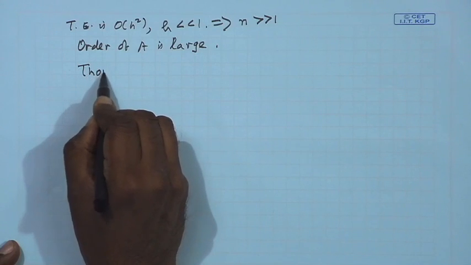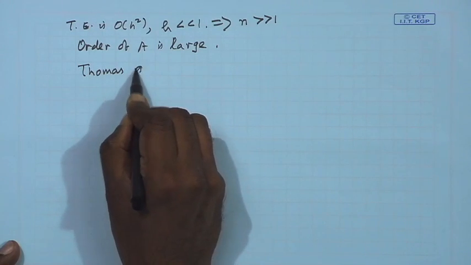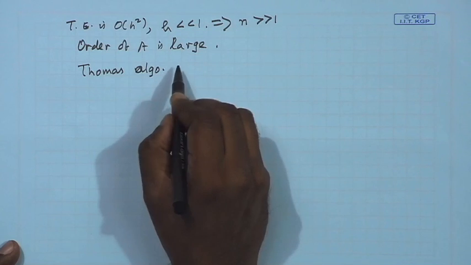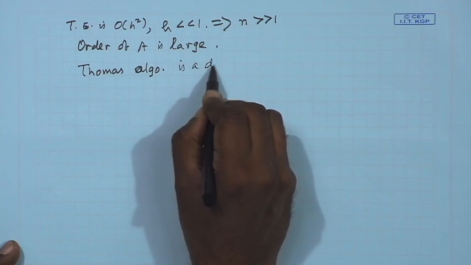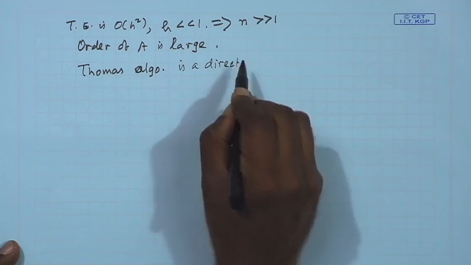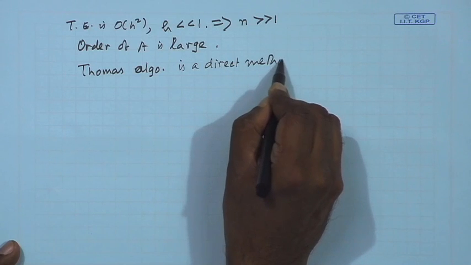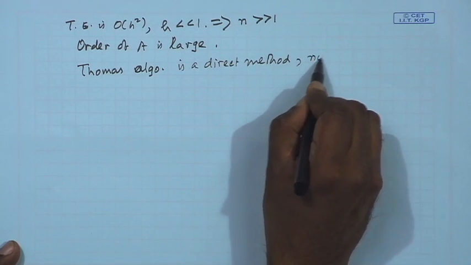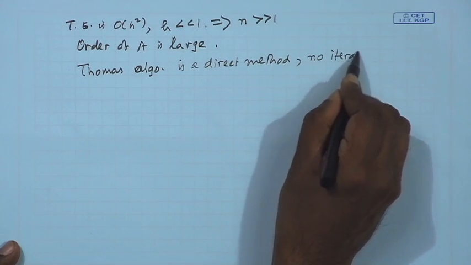Okay. Now, this Thomas algorithm is a direct method, no iteration involved.